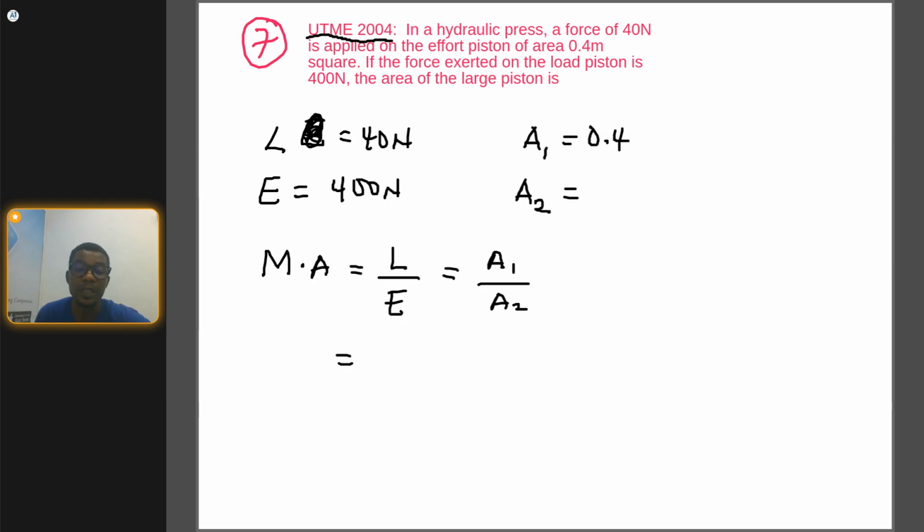Where the load is 400 and the effort is 40, the area A1 is 0.4 and A2, the larger area, is unknown.